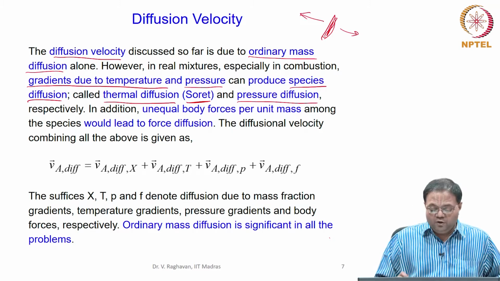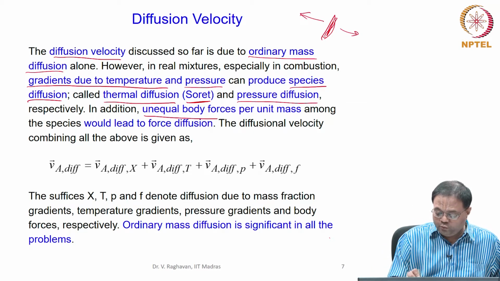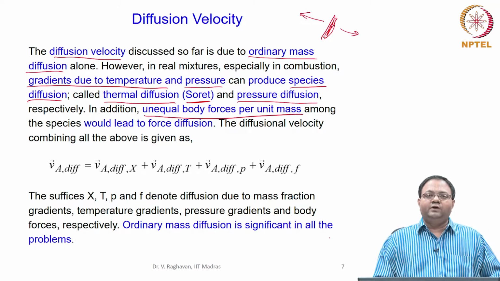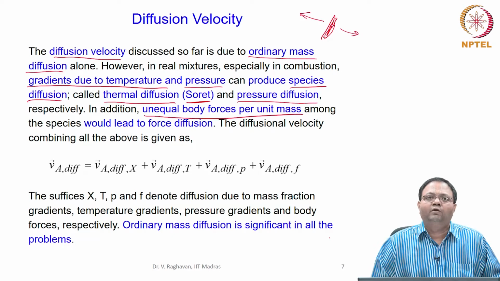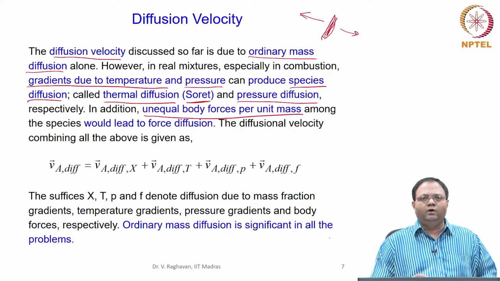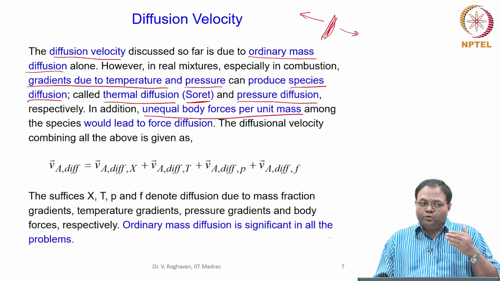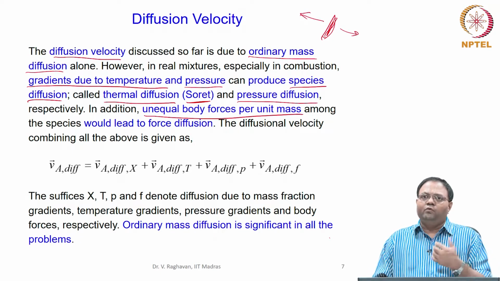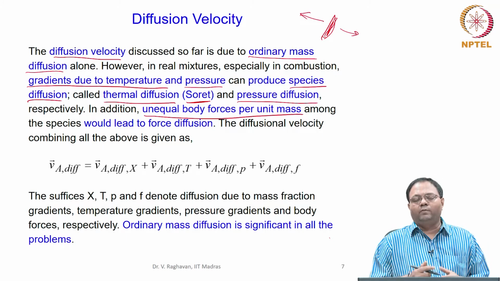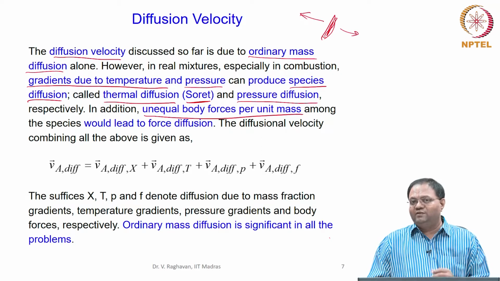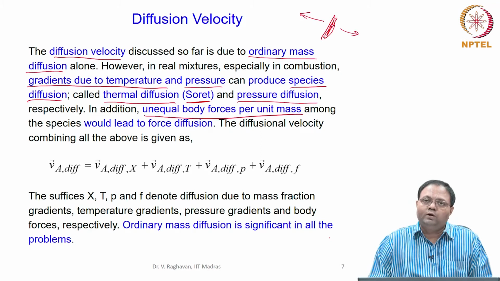Apart from this, there are unequal body forces per unit mass. For example, as I told you, methane has a molecular weight of 16, which is much less than air. Air's molecular weight is around 28.85. In the products, hydrogen converts into water vapor and carbon converts into carbon dioxide. Water vapor's molecular weight is 18, but CO2's molecular weight is 44.